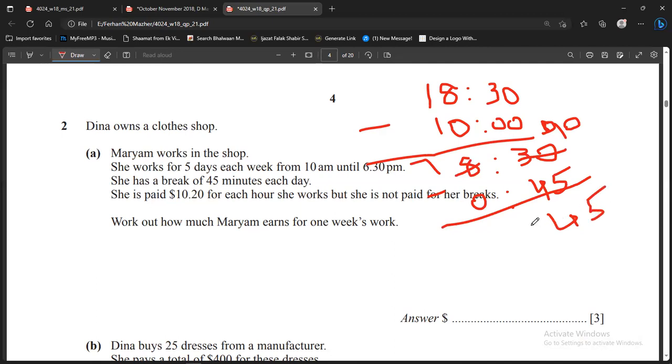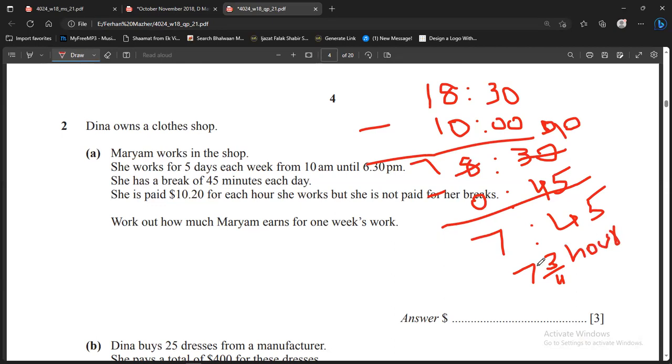So she works 7 hours and 45 minutes, for which she will be paid. 45 minutes actually means 3 by 4 hours. So this is actually 7 whole 3 by 4 hours. So this much work she does every day.